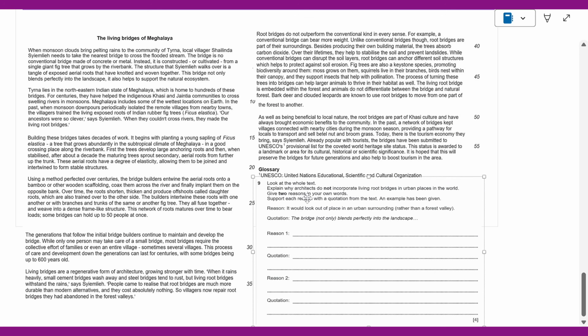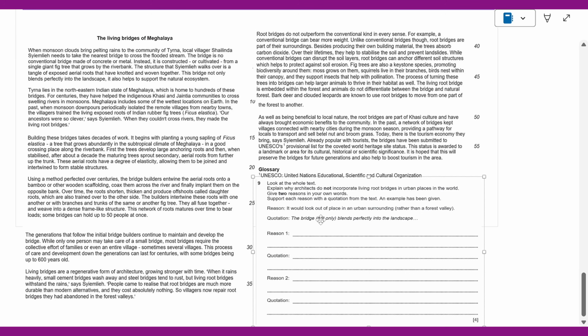Explain why architects do not incorporate living root bridges in urban places in the world. Give 2 reasons in your own words for the whole text. Support each reason with a quotation from the text. An example has been given. Reason: it would look out of place in an urban surrounding rather than a forest valley.